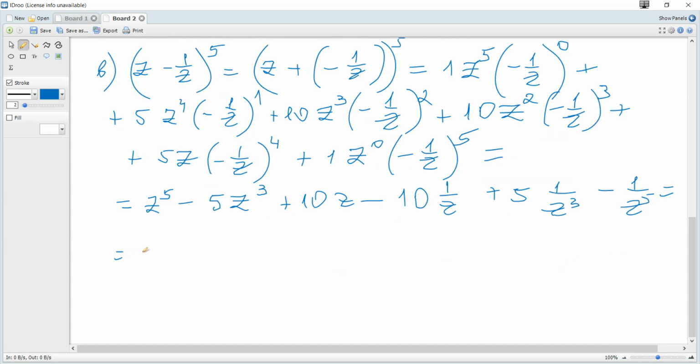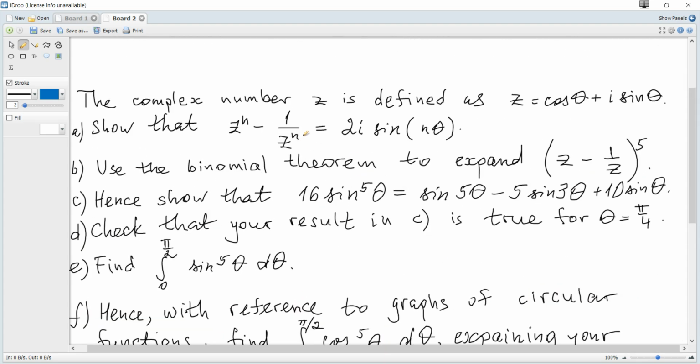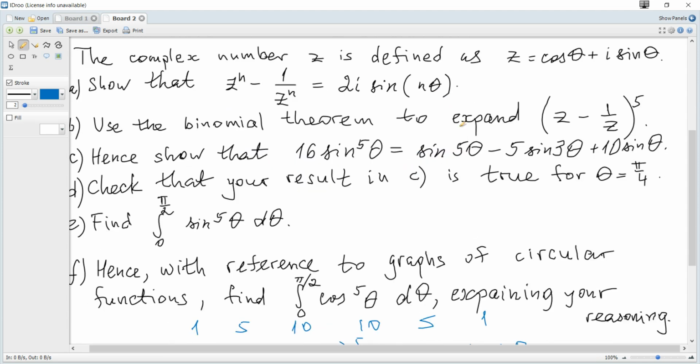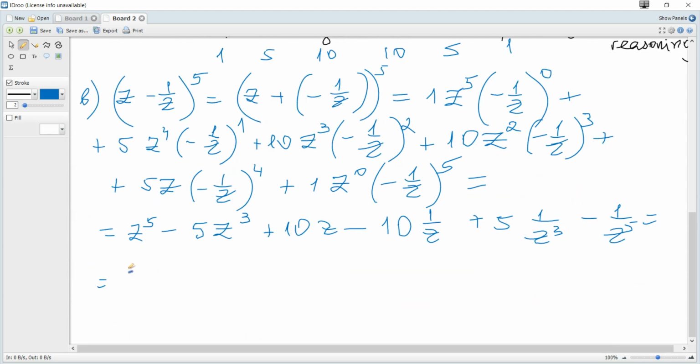You can see that there are z to the power 5 minus 1 over z to the power 5, and we can use again the same formula, and it becomes 2i times sine of 5 theta.